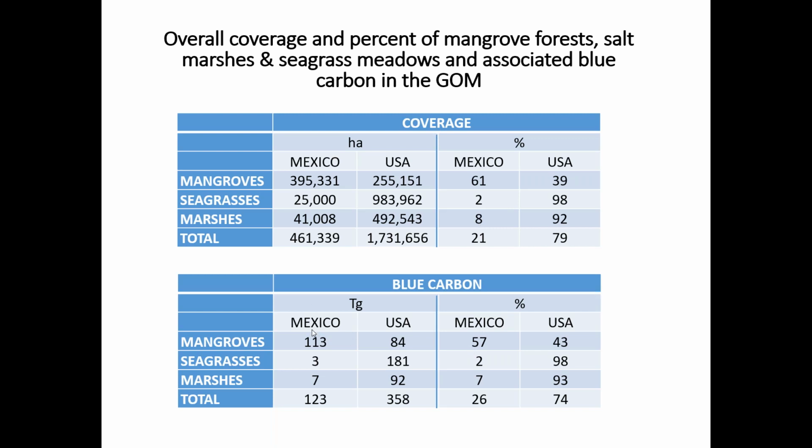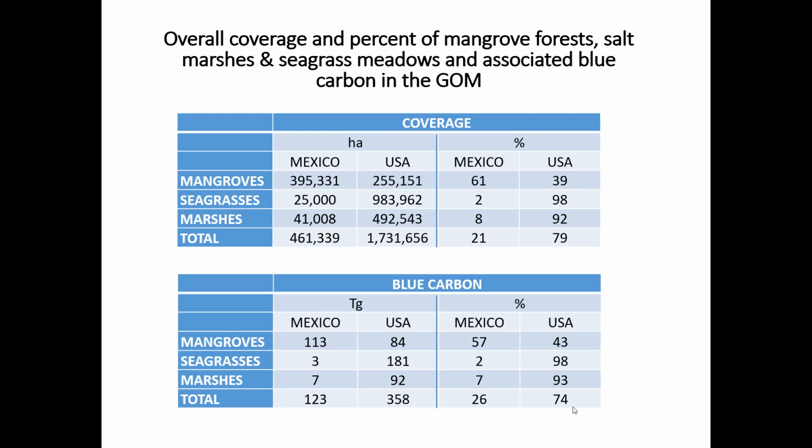And with respect to blue carbon, we have about 57% in Mexico and 43% in USA concerning mangroves, and then again 98% and 93%, and on average a total of 74% teragrams of blue carbon in the USA compared to Mexico.